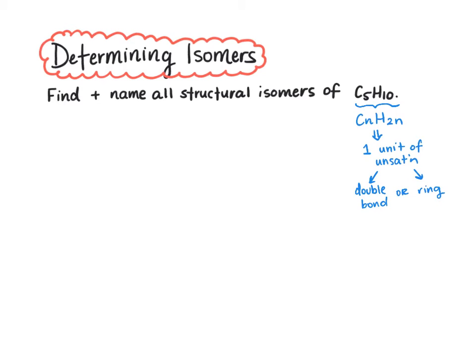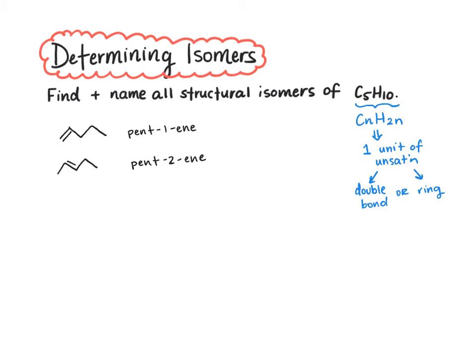We will have no alkanes among our structures. So I'm going to start by drawing all of my straight chain alkenes, and then I'll do my rings. I'm going to start by drawing a 5-carbon chain, and I'll just stick that double bond on the first carbon. It's a good idea to name your isomers as you're drawing them to make sure you don't double up by accident. So I have pent-1-ene, and then I have pent-2-ene. That's all of these straight chain isomers for 5 carbons, because if I were to stick my double bond on the third carbon, it still is pent-2-ene.